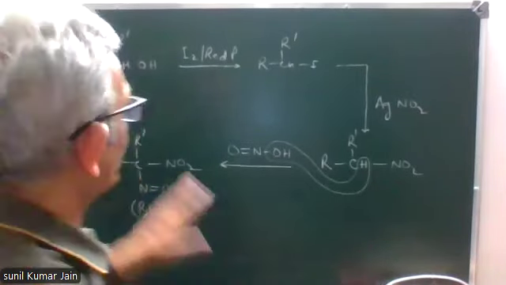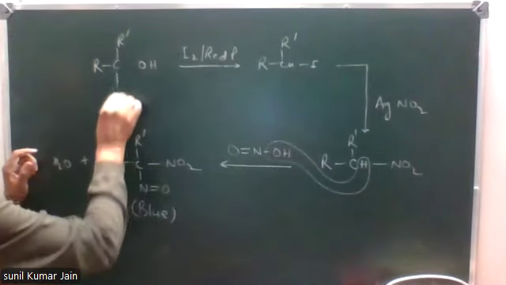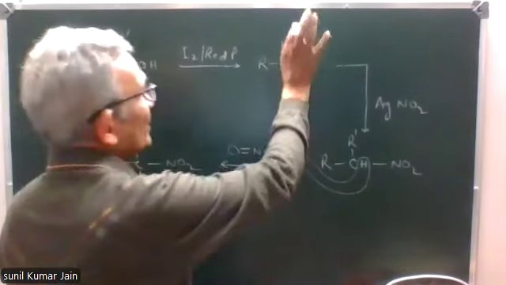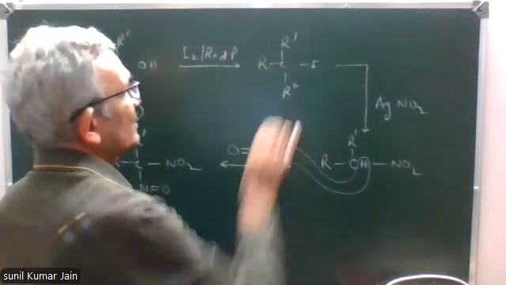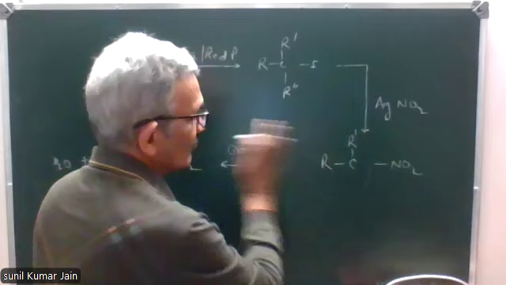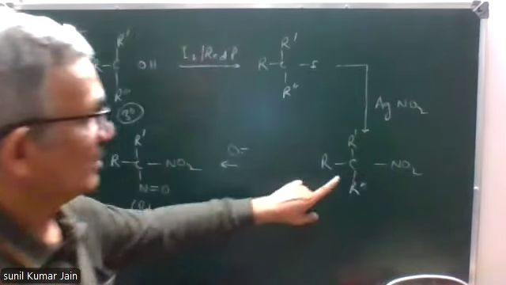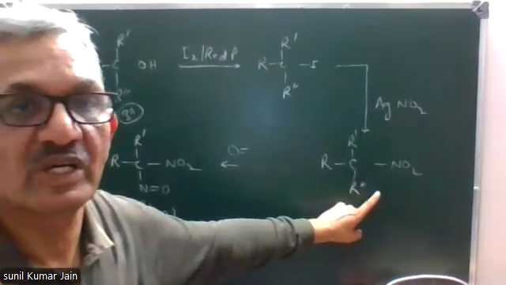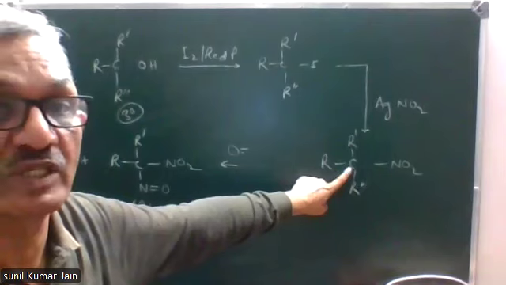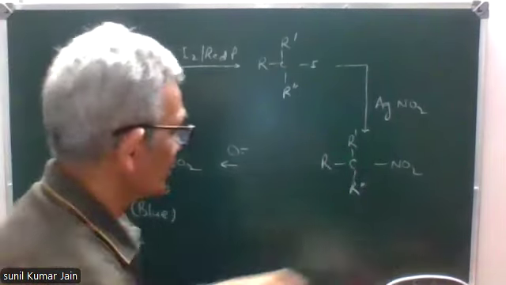Now for equations, look here. Replace this hydrogen by alkyl. This is tertiary alcohol. Now this nitro product will not react with HNO2 because there is no hydrogen attached to this carbon atom. So no reaction with HNO2.